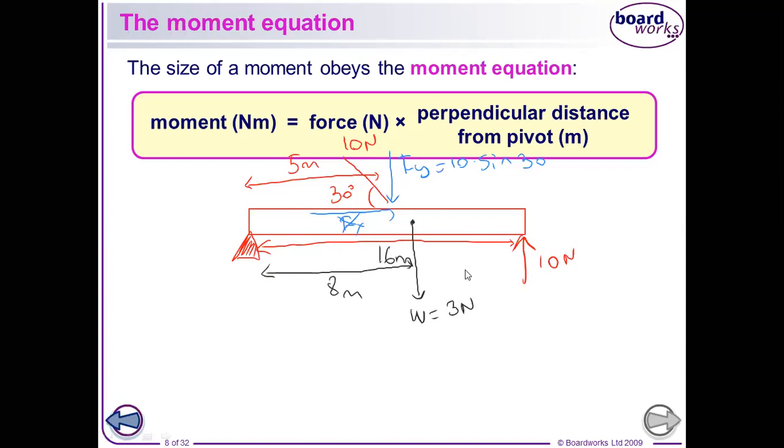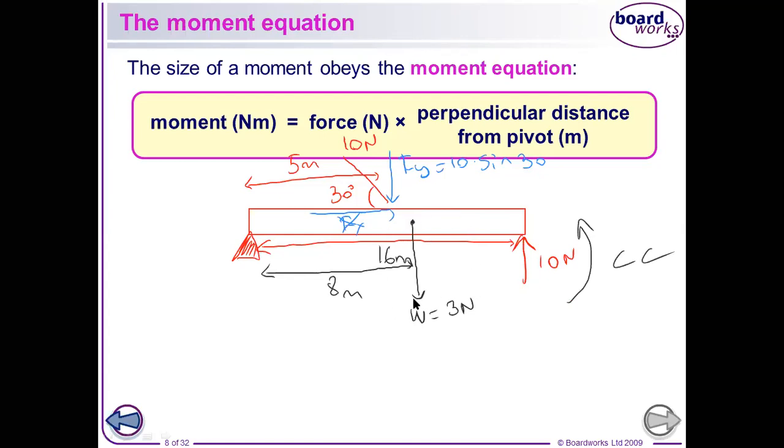Now, look at here. This 10 Newton force, is it going to make clockwise moments or counterclockwise? Anti-clockwise. So I will write like this, counterclockwise. What about the weight? Is it clockwise or counterclockwise?